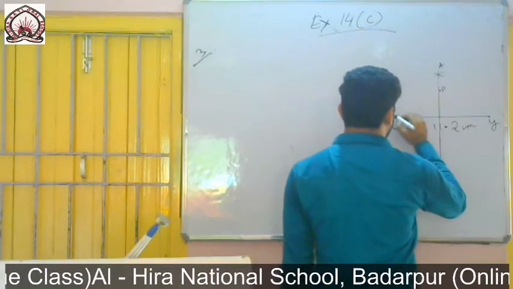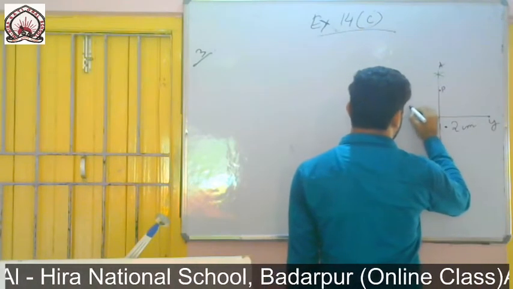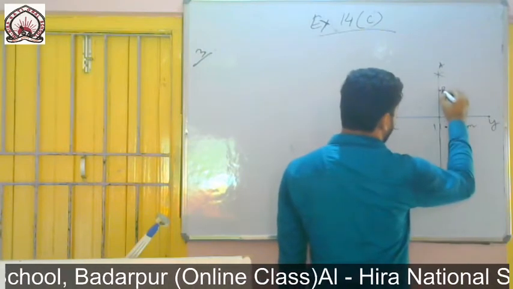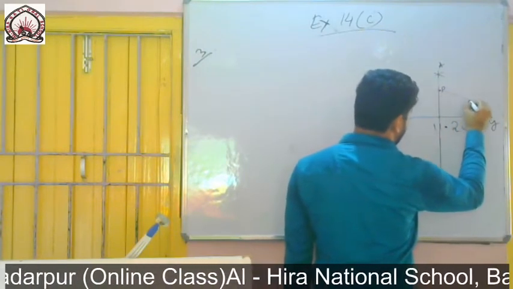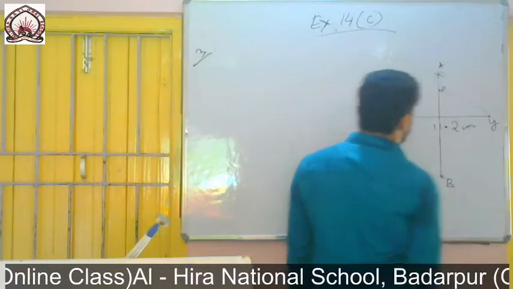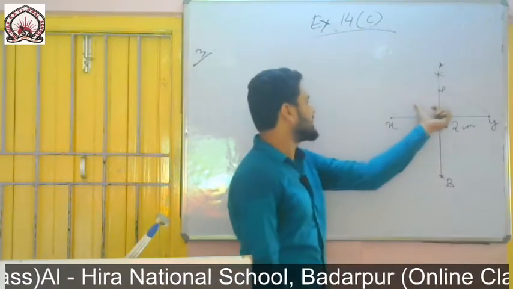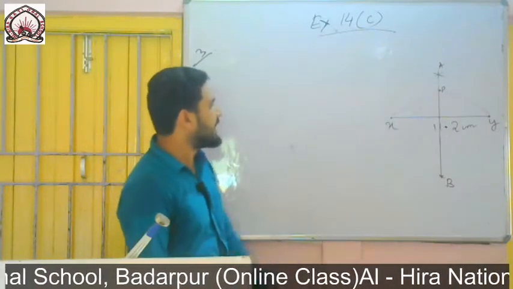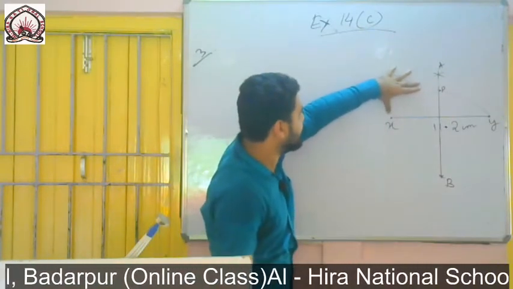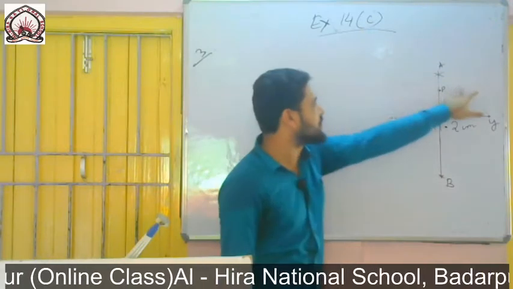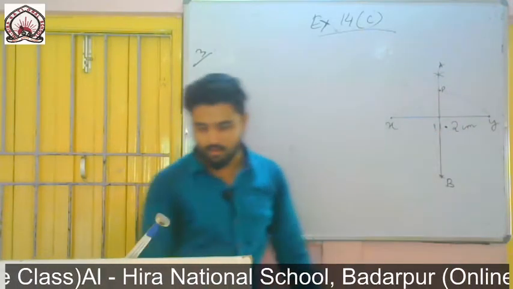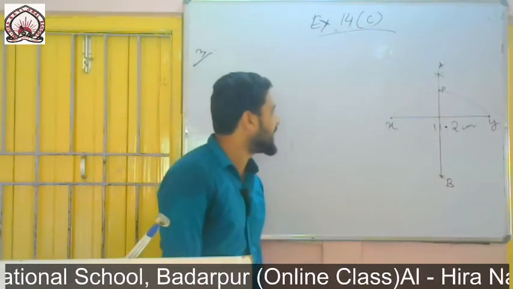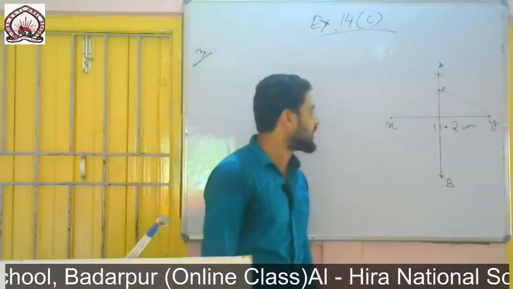Now if I join, then this length and this length will be equal. You measure with your scale, you will get Px equals Py.